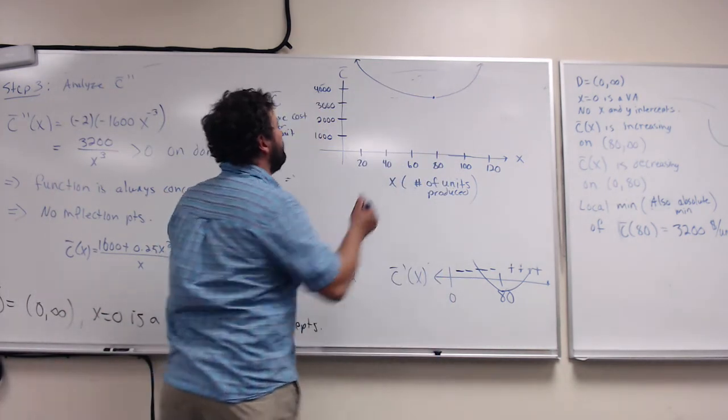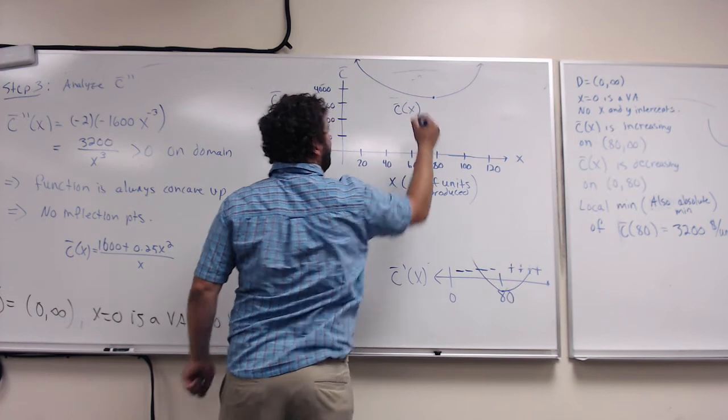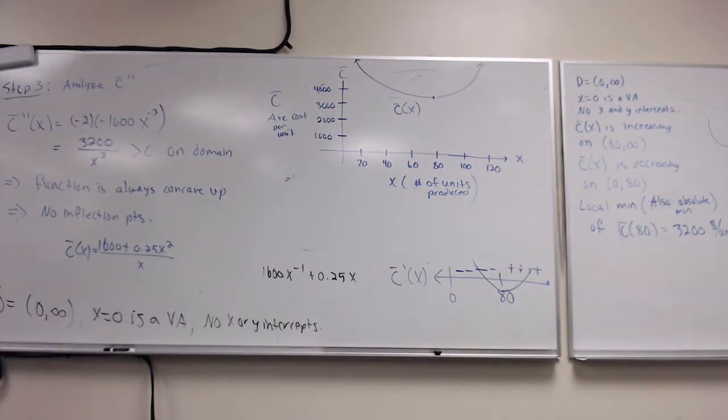Okay, so for all practical purposes, this is the graph of the average cost function. It's always concave up. It's decreasing to the left of 80, increasing to the right. Okay, since the numerator has a higher power of x than the denominator, the end behavior has to be infinity. That's just pre-cal too. I'm not even doing any calculus to know the end behavior. Okay, that's a fact we should all know coming in here from pre-cal 1.